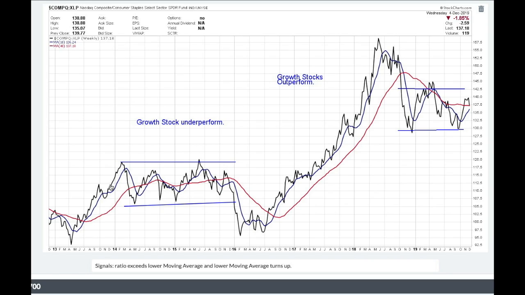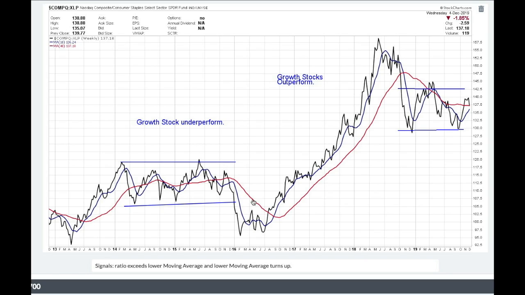Well, you can see here that starting in 2014, right at the beginning of the year, we went through a real difficult period for growth stocks. And then it got real difficult, which was somewhat of a shakeout in early 16, but boom, then we launched a growth stock cycle that went from a 2016 low to a high in around June of 2018.